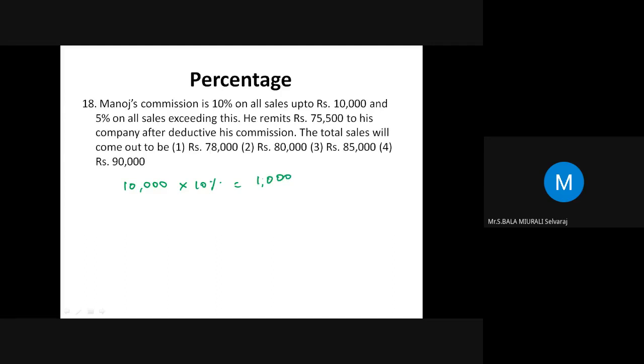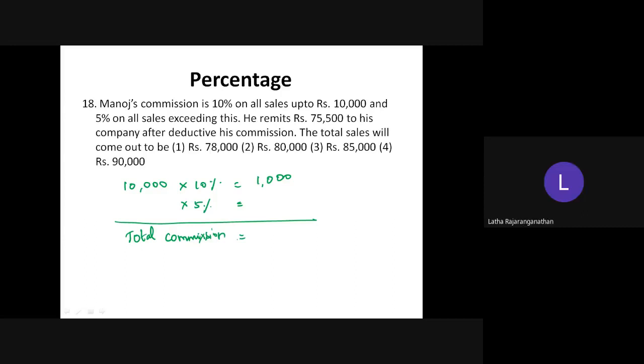For the remaining amount, whatever he sells, he gets 5%. We don't know the amount, and this becomes his total commission. So 1,000 plus something is the total commission, correct?